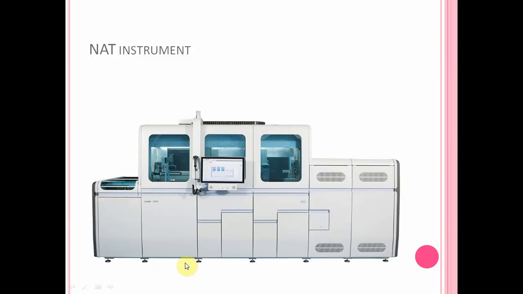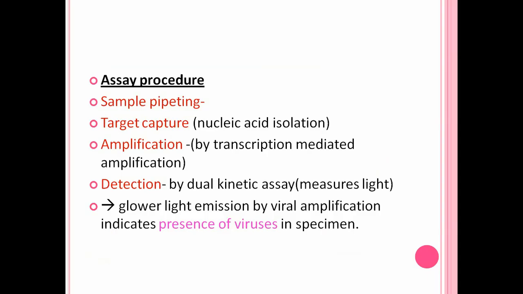So moving to the steps now. First step is sample pipetting. As I have told, the donor sample, that is the EDTA sample, is sent. In this testing we can test 24 donor samples together, not individually. Here 24 donors' EDTA samples are there. From there the separated plasma or serum is pooled together in a single tube, and then that is tested.